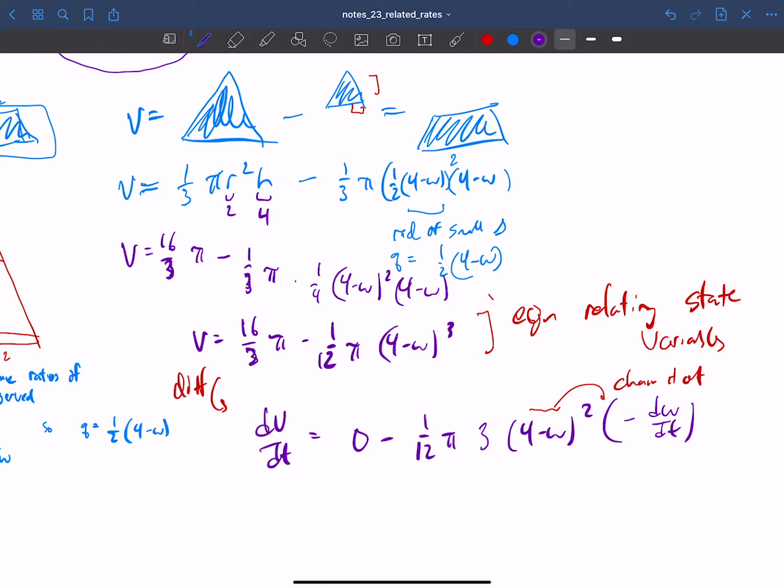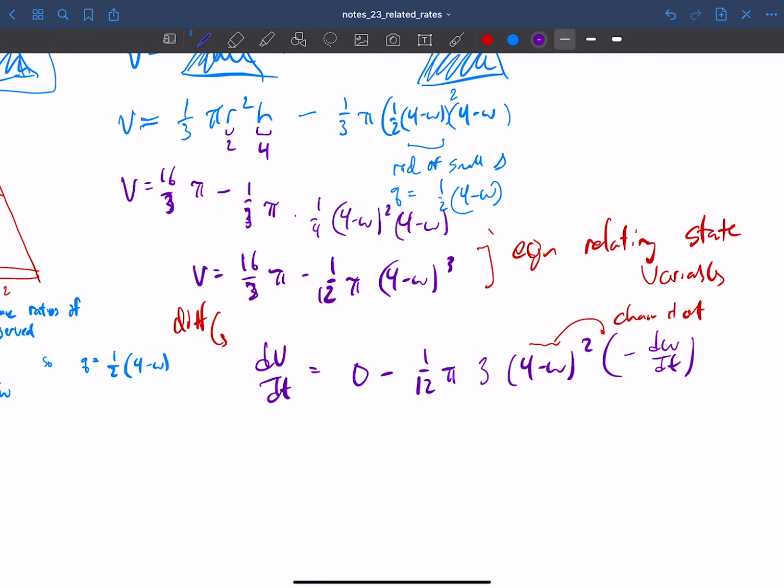So now let's simplify this expression. Let's call that dv dt is equal to, I've got a minus and a minus, so we'll plus those. And that 3 is going to merge with that 1/12 to be a quarter of 4 minus w squared times dw dt.